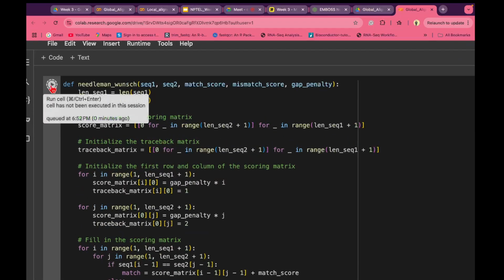As I mentioned in the previous class as well, there is this play button. If you click on this, the cell will run.